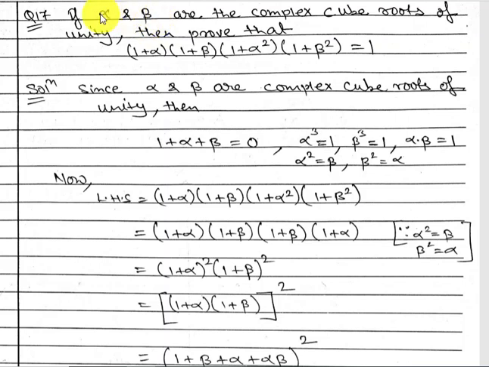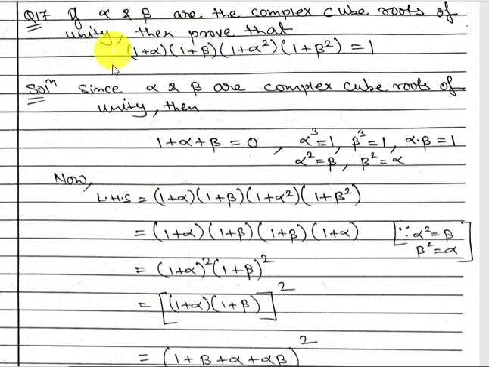And alpha into beta will be 1, because omega into omega square is 1. Alpha square is nothing but beta, and beta square is nothing but alpha.